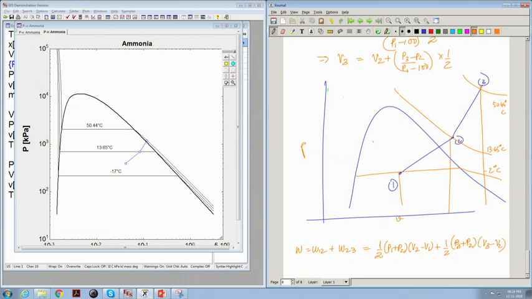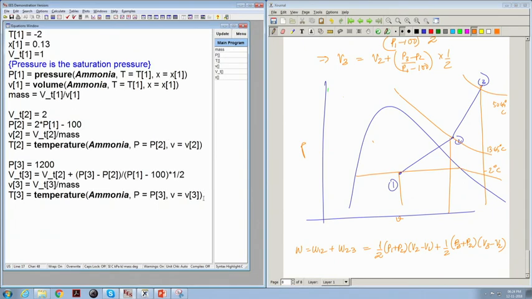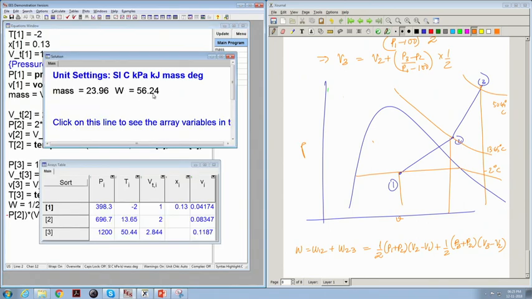Okay, so let's write it down in the computer. So the work done is equal to 56.24 kilojoule.